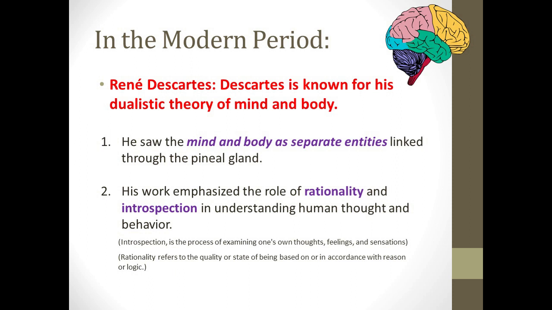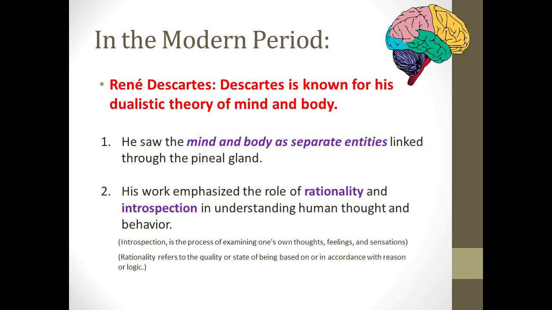Okay? And the second one, his work emphasized the role of rationality and introspection in understanding human thought and behavior. What does introspection mean here? Introspection is the process of examining one's own thoughts, feelings, and sensations. And on the other hand, what does rationality mean?